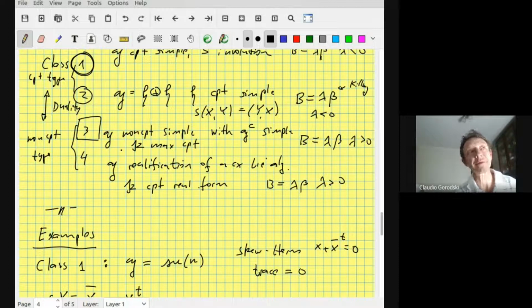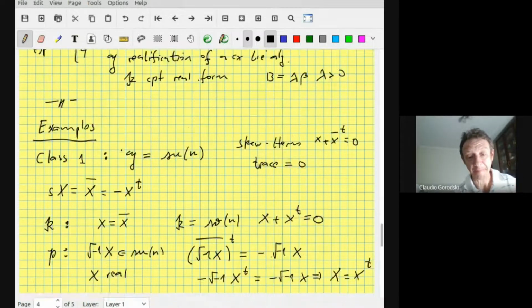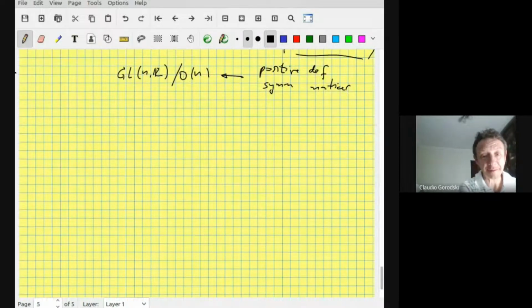It turns out that for each given real non-compact simple Lie algebra, there's exactly one, up to conjugation, involution with fixed point set the maximal compact subalgebra. This is the so-called Cartan decomposition of G. So this is important.